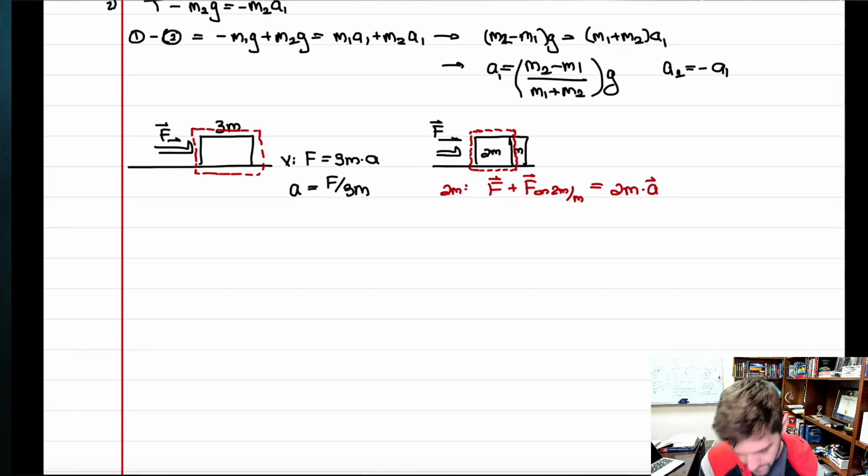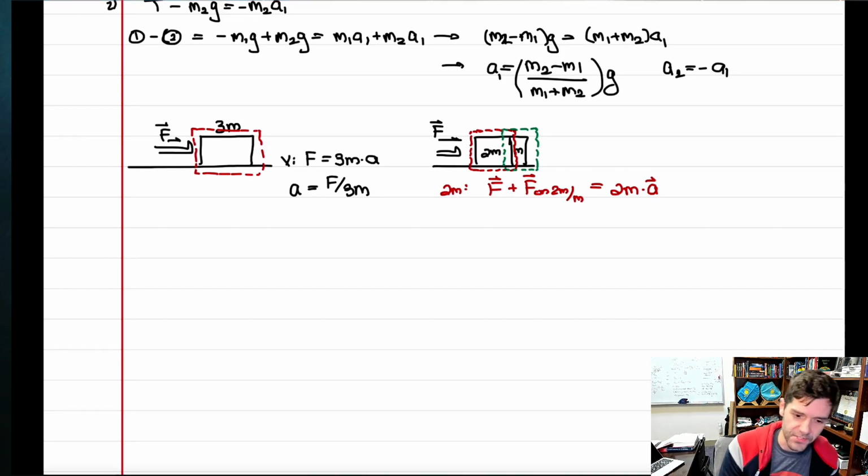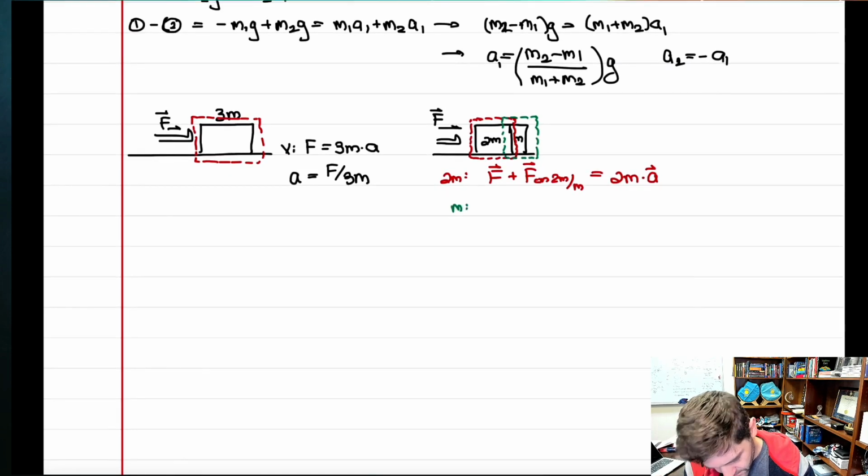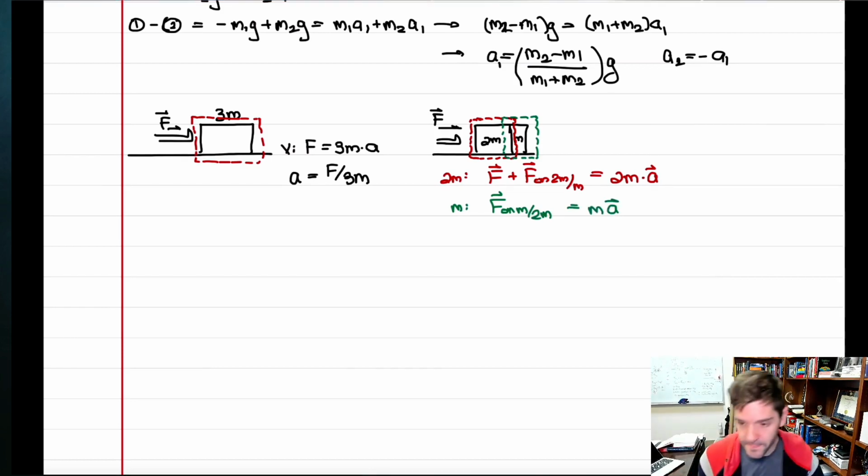Similarly, if I take the right box, and again, I'm really just focusing on horizontal motion, even though I'm writing these as vectors. Of course, there's the table as well, but there's no horizontal component there. If I look at the single mass m, the only thing touching it in the horizontal direction is the other box. So it has a force on m from 2m. Newton's third law pair, of course. And that equals m times a, in the horizontal direction at least. Maybe I'll just get rid of the vector notation so that we're not confusing the matter.